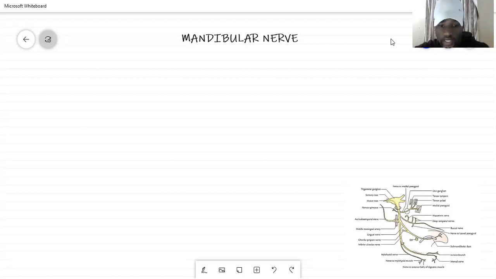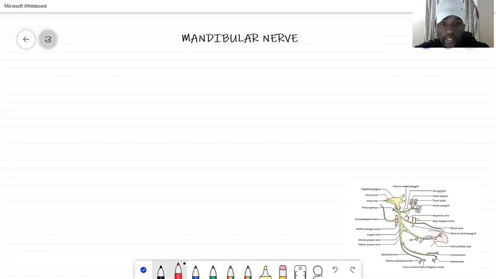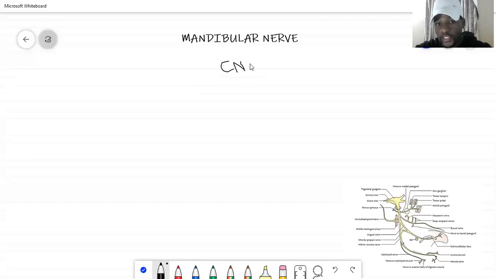So without wasting time, what you have to first remember is that the mandibular nerve is a branch of the trigeminal nerve, which is your cranial nerve number 5, right? It has how many branches? It has 3 branches, right?